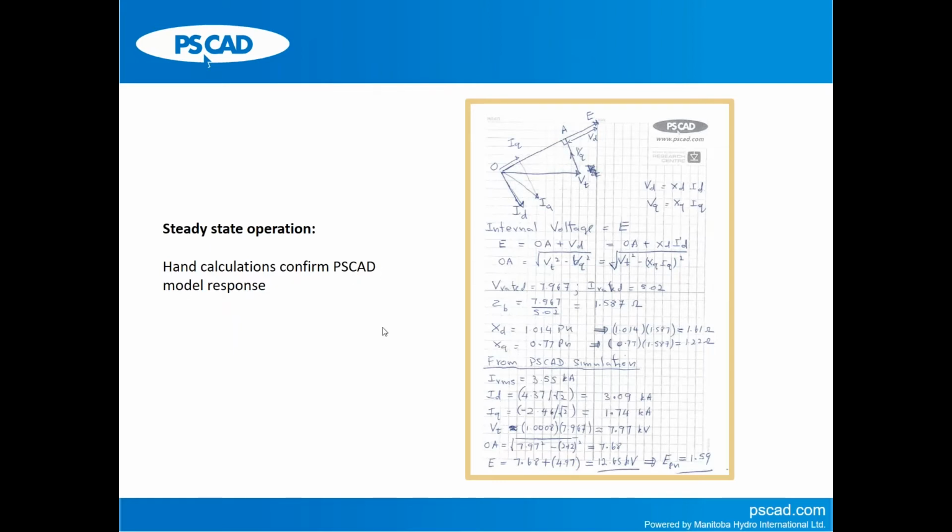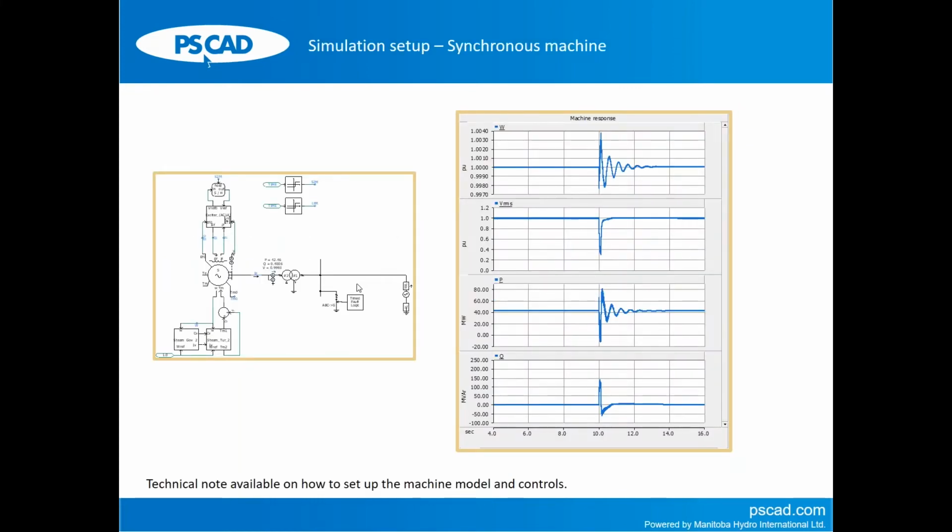This is just a hand calculation that I did some years ago. You may remember this steady state equivalent circuit of a salient pole machine, right? People sometimes question, oh, I entered the correct data, but I don't think the machine is giving me the right results.